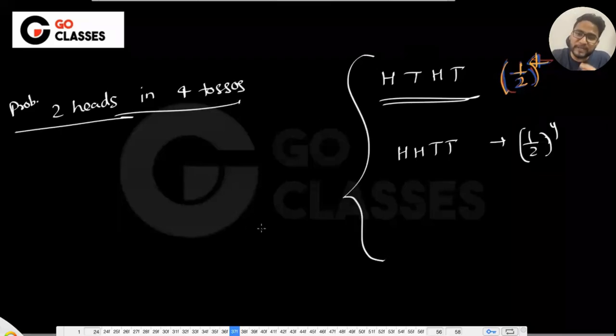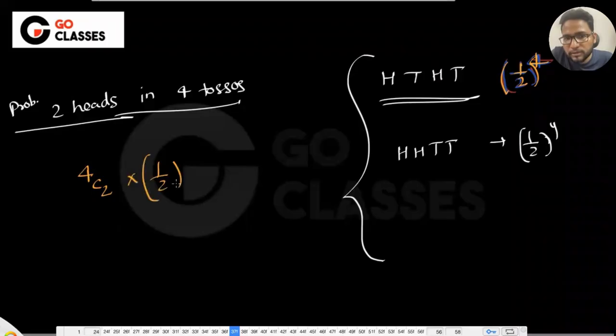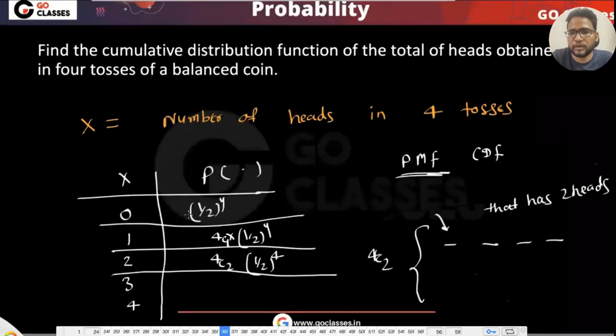If I give you a specific sequence, there will be no 4C2 or 4C1. If I do not give you a specific sequence, then you have to count all the sequences, which come out to be 4C2, and every sequence has this probability, 1 by 2 power 4. I hope I'm able to convince you. So this is 4C2 into 1 by 2 power 4.